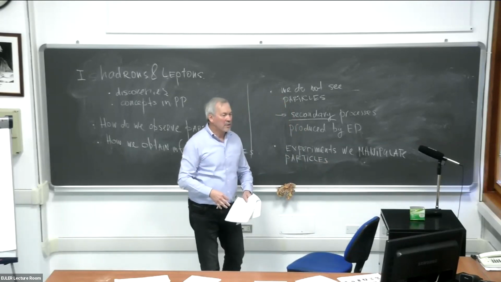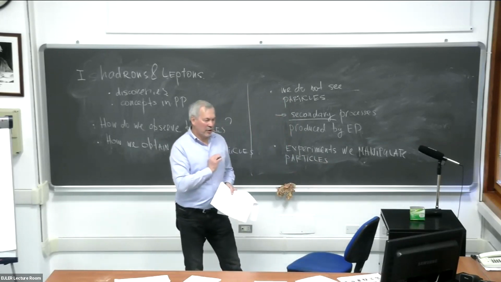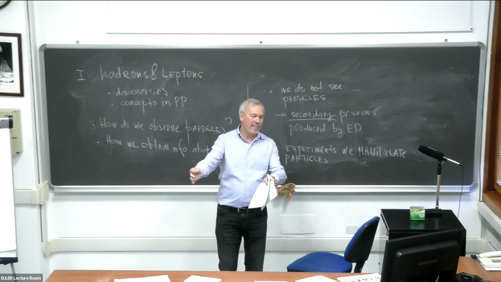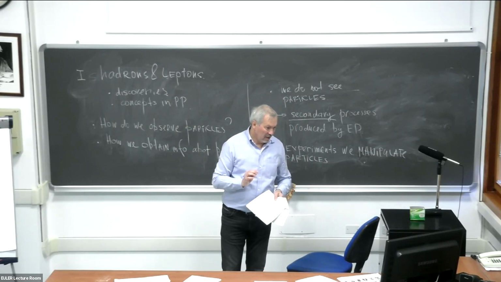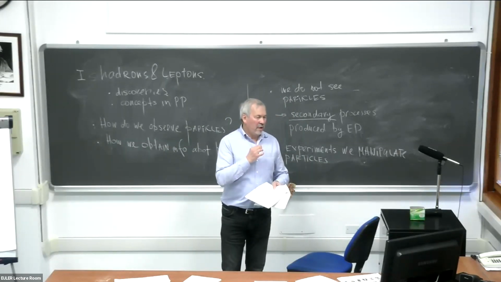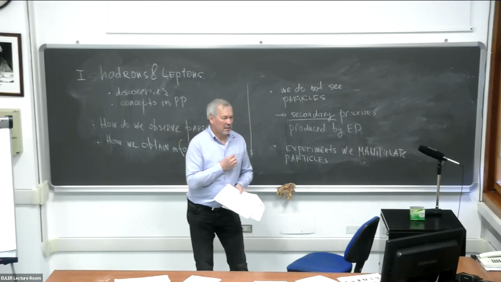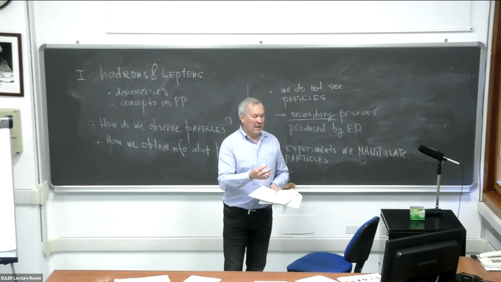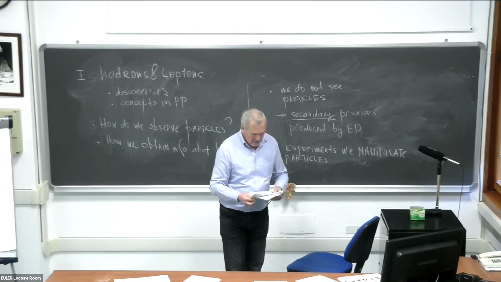So to say, we can impose an electric field or magnetic field and see how our observations change with this. Or we can put some screen or some piece of matter and see how particles penetrate through this material. And again, observing effects of this absorption, we can guess about properties of the particles. So although we do not see the particles themselves, just observing secondary effects and manipulating particles, we can really get detailed information about the properties of the particles. So this is how we are doing things.